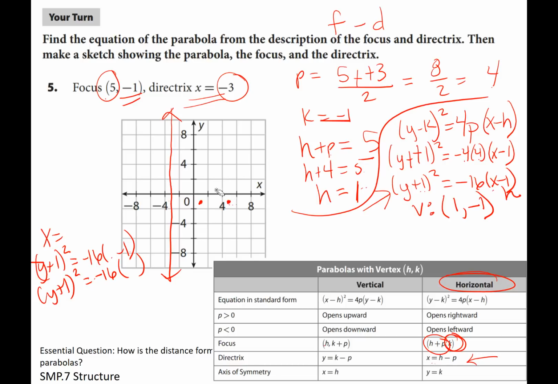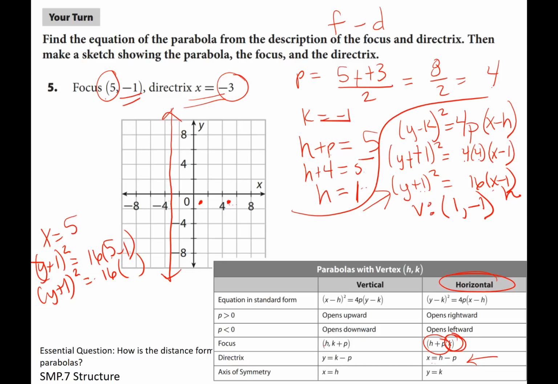Did I graph it right? Focus 5, 1, directrix -3. Where did this negative come from? Okay, typo, that's what's going on. There shouldn't be a negative in front there. I don't know how that happened. So let's get rid of all those negatives. That will help out a lot. So we're going to stick with x equals 5.